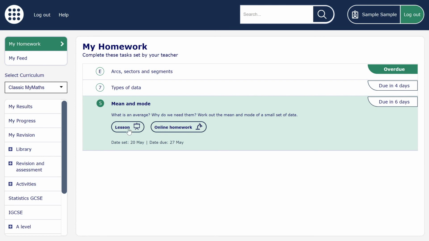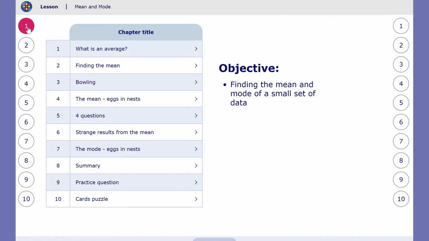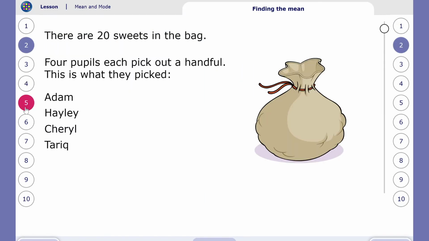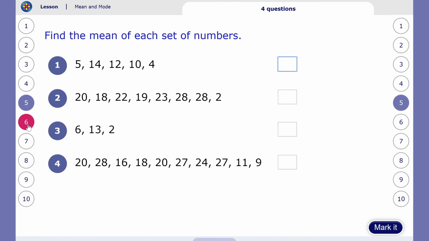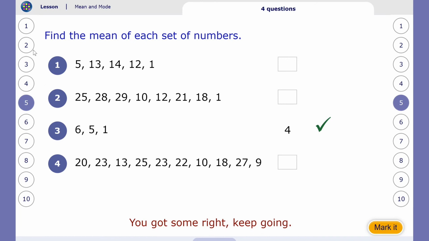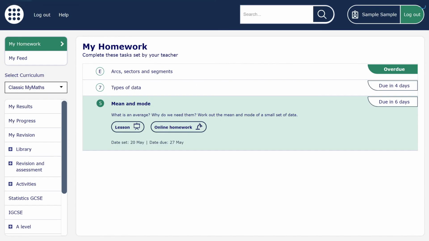So if you want, you can click on the lesson, and that'll take you through some interactive aspects that I'll go through again, similar to what I have been talking through, and you can actually answer these here. So for example, if you put down your answer and then mark it, it'll give you interactive and immediate feedback then.